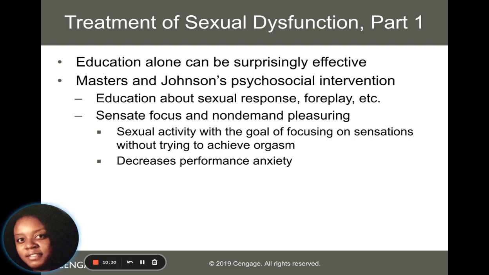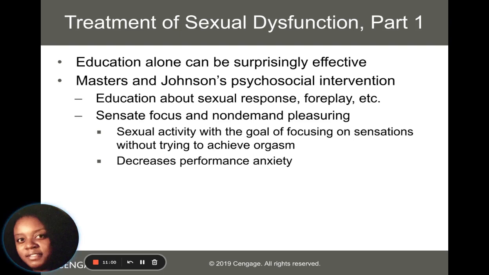When it comes to how we treat sexual function disorders, we're going to look at education, and that can be effective. Masters and Johnson are the two researchers who were the gurus of sex therapy, and they did a lot of research where they educated clients about how their bodies respond sexually, and they gave them homework, and they helped them work on foreplay and how to please one another.